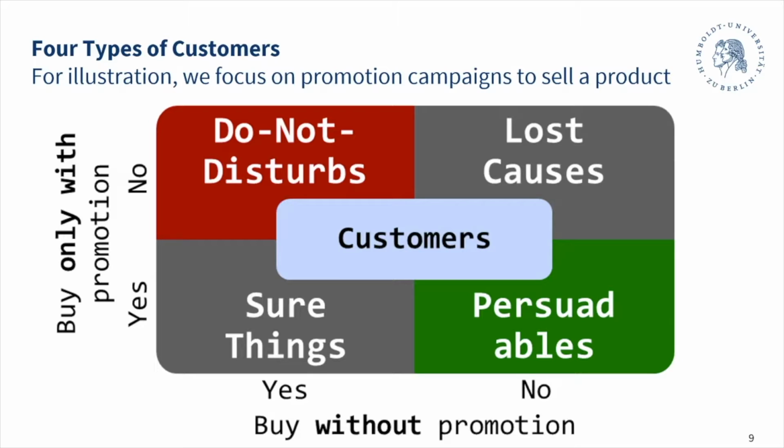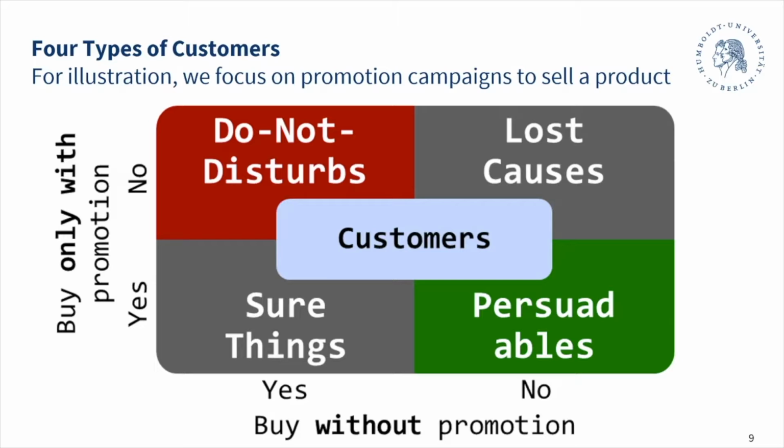In a marketing setting, we have customers, and we should distinguish those customers into 4 categories, depending on whether they buy if targeted, yes or no, and also buy without targeting, yes or no. For ease of example, my targeting consists of a promotional campaign like a voucher.